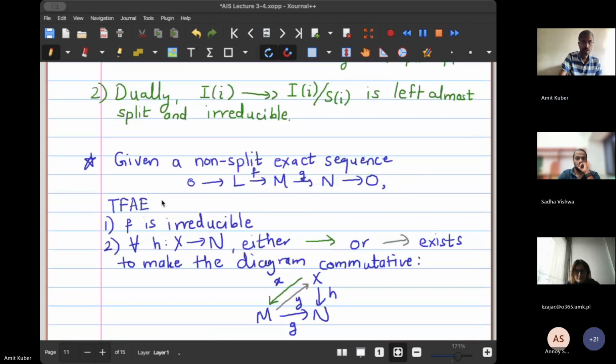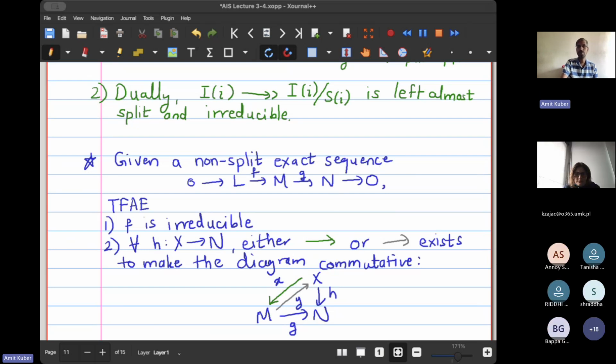Okay, so just to give you some flavor of properties of these irreducible morphisms. Given a non-split exact sequence like this, the following are equivalent. I will only prove one direction of this.